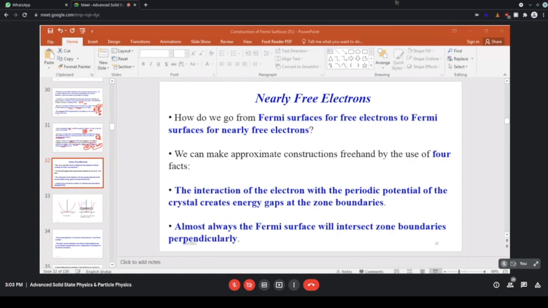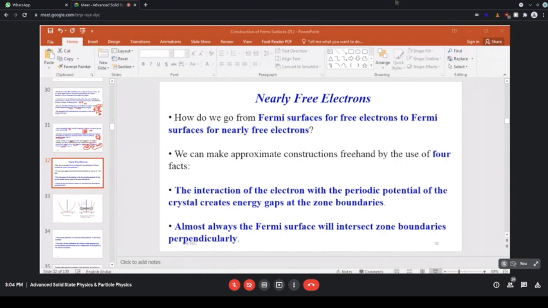In case of free electrons, we consider that the interaction between the electron and the positive ion is equal to 0. That is the free electron approximation. If the interaction is not exactly equal to 0, then that is the nearly free electron approximation.